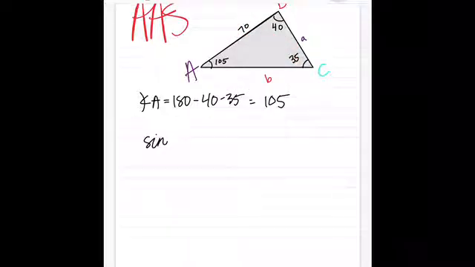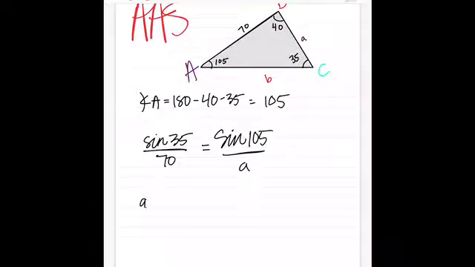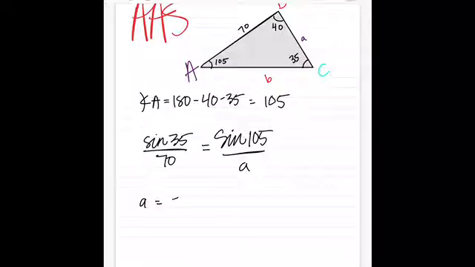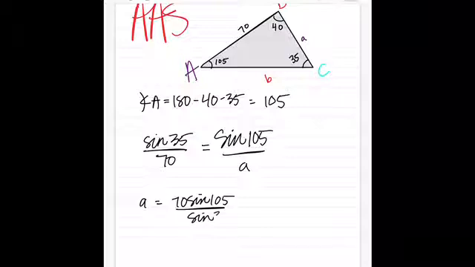So it's going to be sine of 35 over 70 is equal to sine of 105 over A. Cross multiply, you get A is equal to 70 sine of 105 divided by sine of 35.